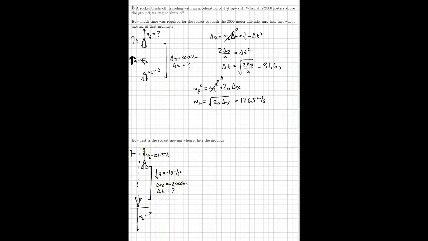Delta t is unknown, and it's going to stay that way because what we want is VF, and we have this other info. So what I'm going to use is VF squared equals VI squared plus 2a delta x. This is a place where your algebra will get you if you don't do it right with the square root. So what we can say about this is VF is the square root of vi squared plus 2a delta x.